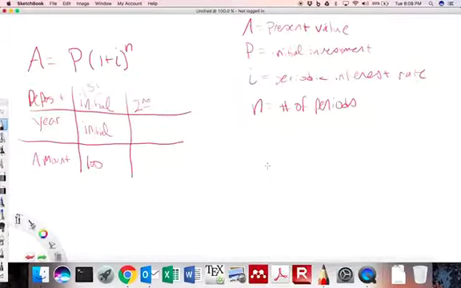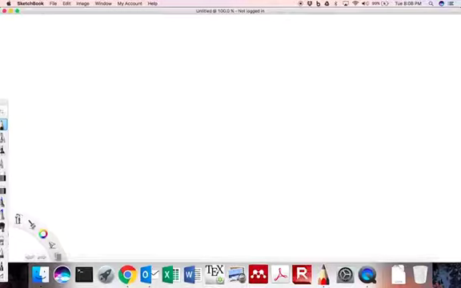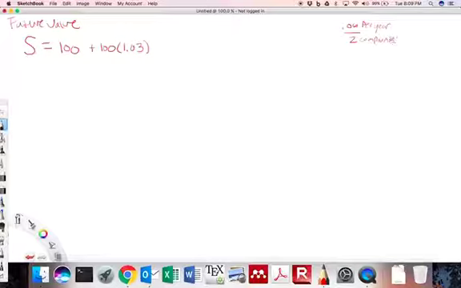So I'm going to get a new one here. Command N, don't save. All right. So what we have here is, I'm going to call this S, and this is future value. I'm just using this because that's what your text uses. So we have our initial investment, 100, and then 1.03, because remember 0.06 divided by 2, this is per year, and then 2 compounds per year, 0.03.